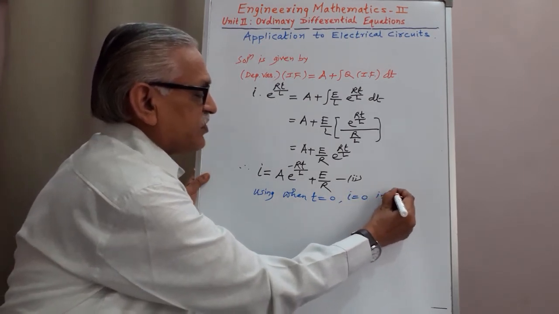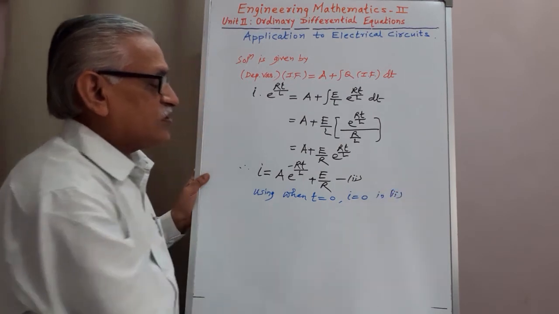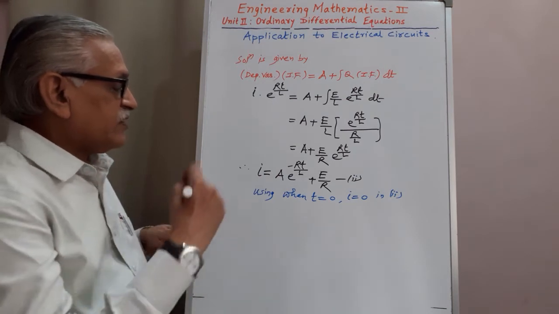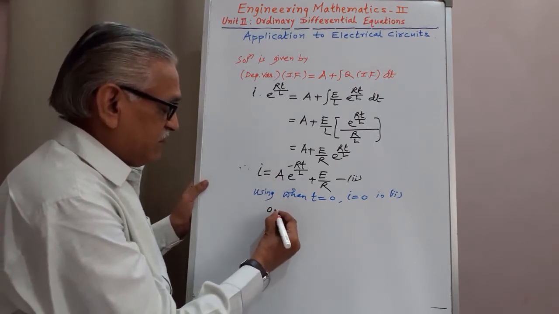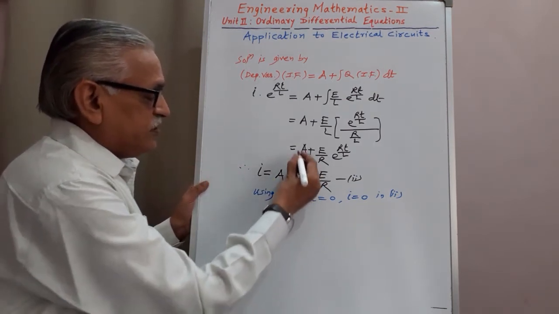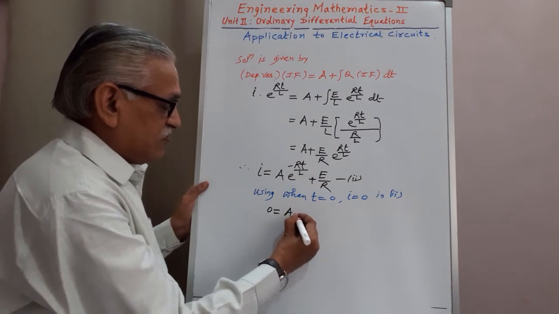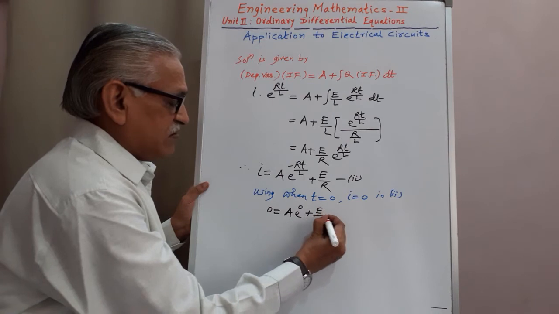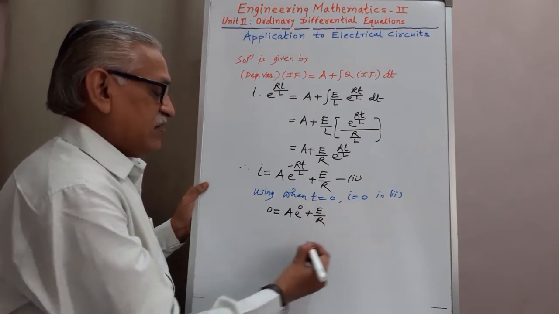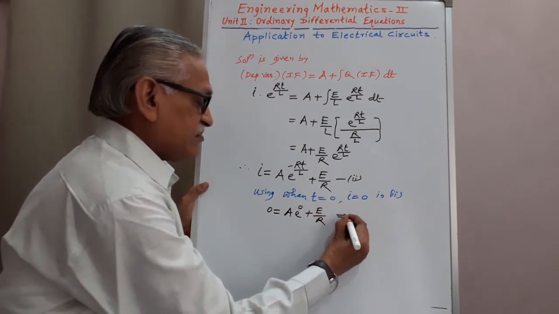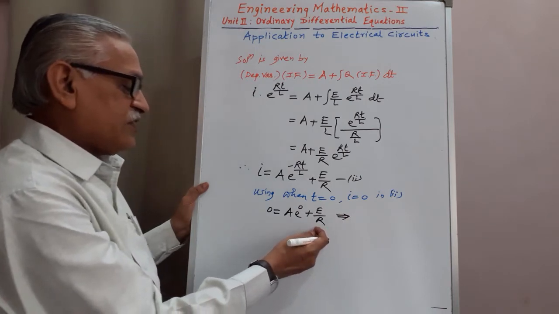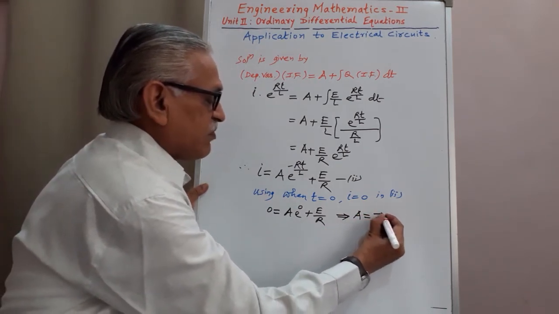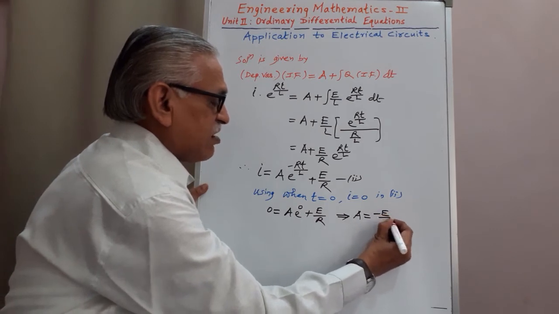In equation 2, that becomes 0 is equal to A e raised to 0 plus E by R. It implies if we transfer that to the other side, we get A is equal to minus E by R.